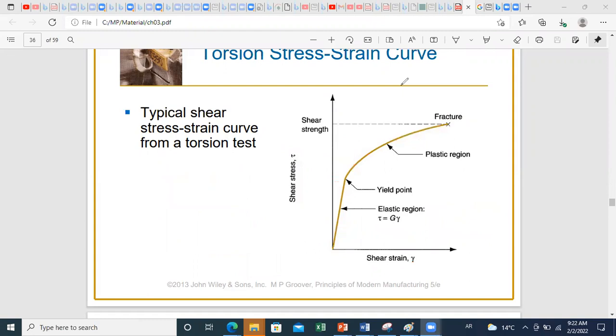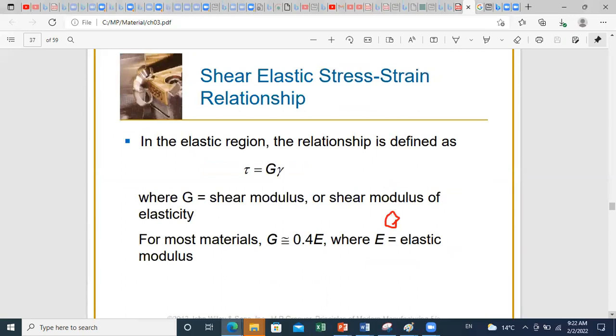Now, we can also sometimes relate this modulus, which is called the shear modulus, to the elasticity modulus. So there are some connections between shear properties and tensile properties, and we'll see this in the coming slides. We said that in shear, we can detect an elastic region, and this elastic region is driven by the following equation: the shear stress is equal to the shear modulus times the shear strain.